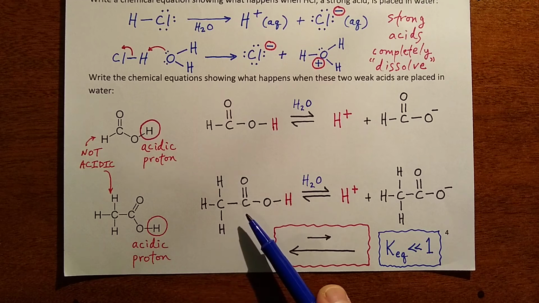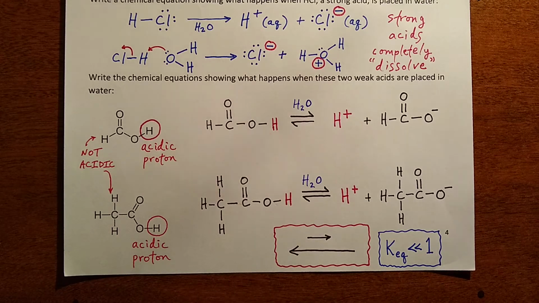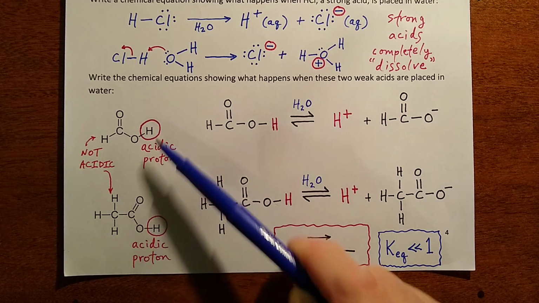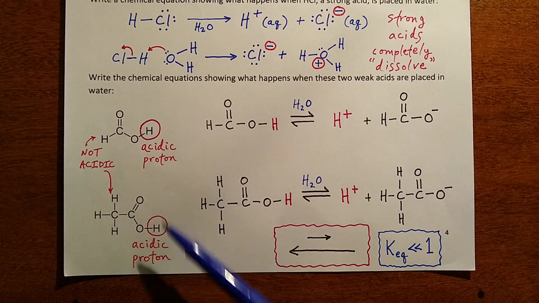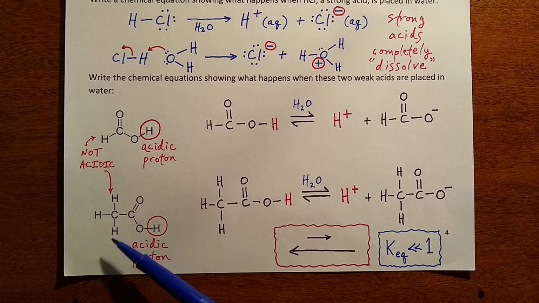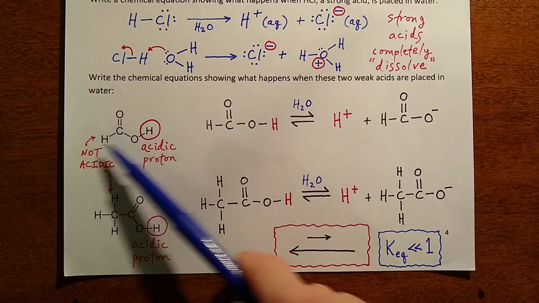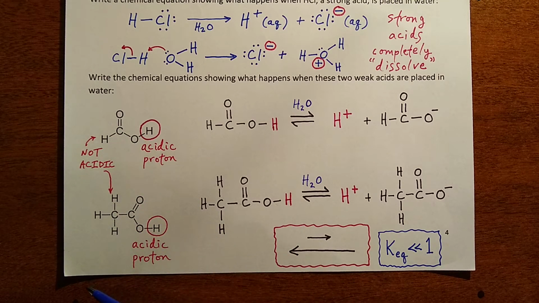This acid here you probably recognize as the formula for acetic acid, which we can draw in a few ways. I've drawn them out in the Lewis structure here just to show you the difference between the two types of hydrogens. This hydrogen here, the one that's attached to the oxygen, is the acidic proton. These hydrogens over here in formic acid or acetic acid are not acidic.